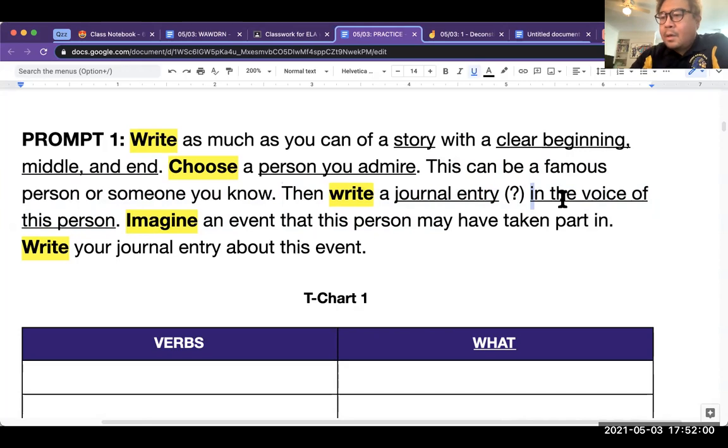So a lot of your writing up to this time has been summaries and just telling how you feel about something, a lot of summarizing, a lot of your opinions, I think, et cetera, et cetera. Now, 6th grade going forward, you're going to have to put yourself in people's shoes. You're going to have to pretend to be other people.